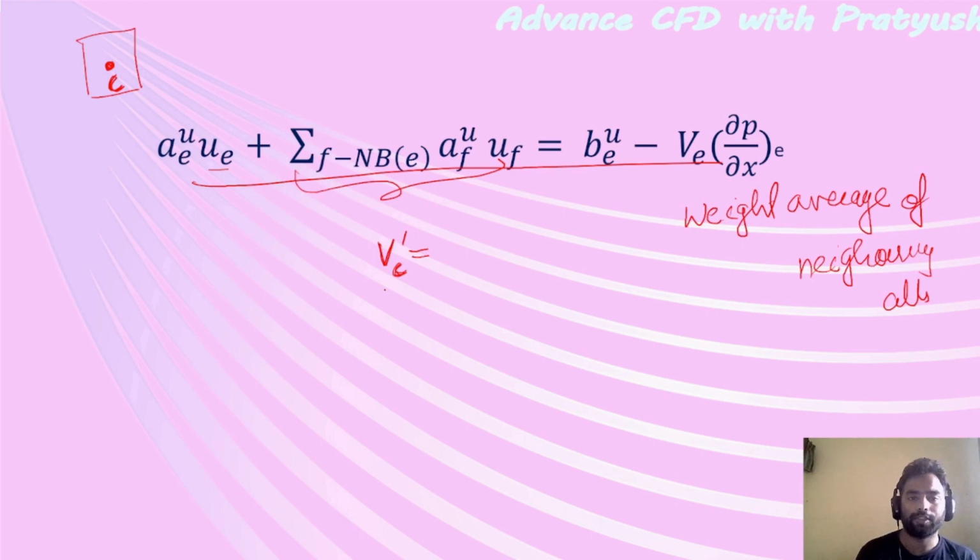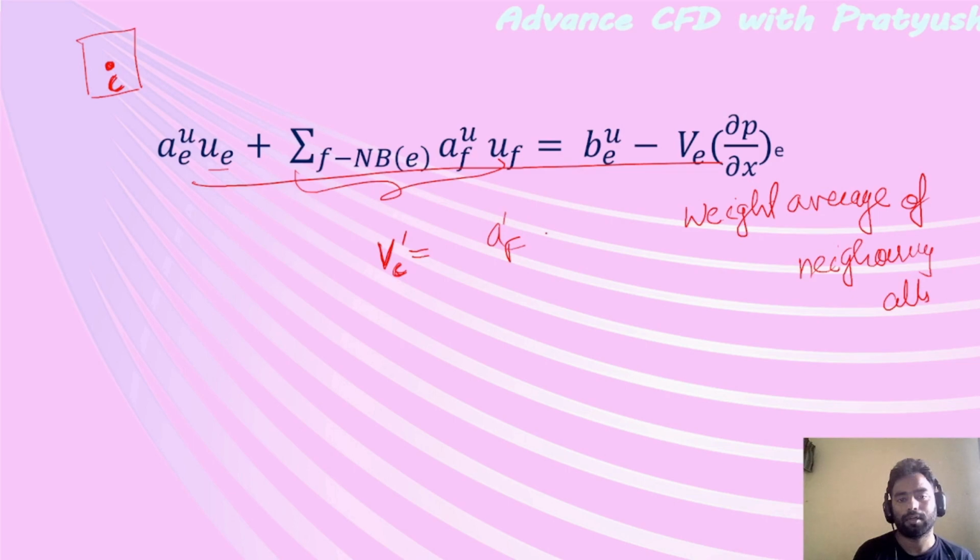So what I am doing is that I want to correct the center cell velocity, and instead of ignoring the contribution of the neighboring cells, I am taking the weighted average of the velocity in the neighboring cells.